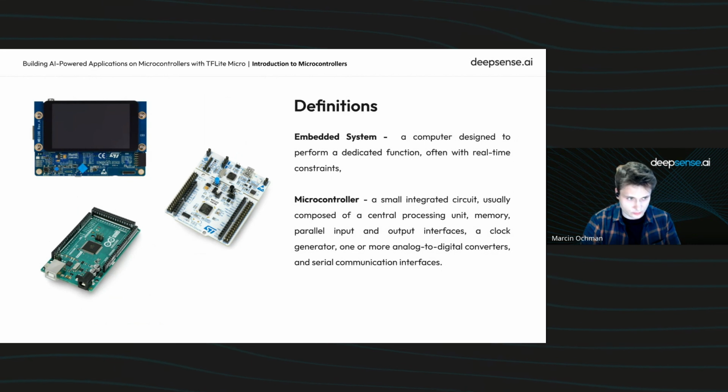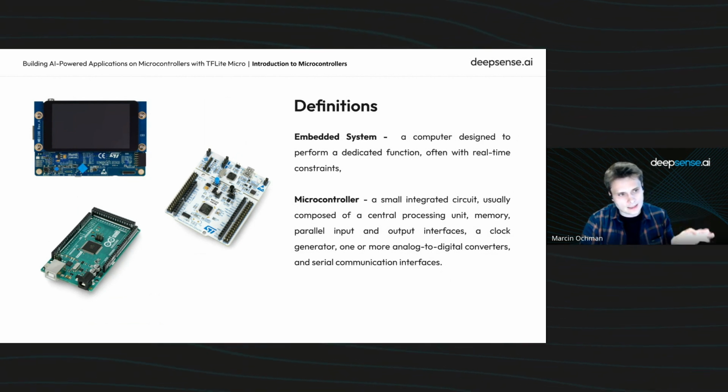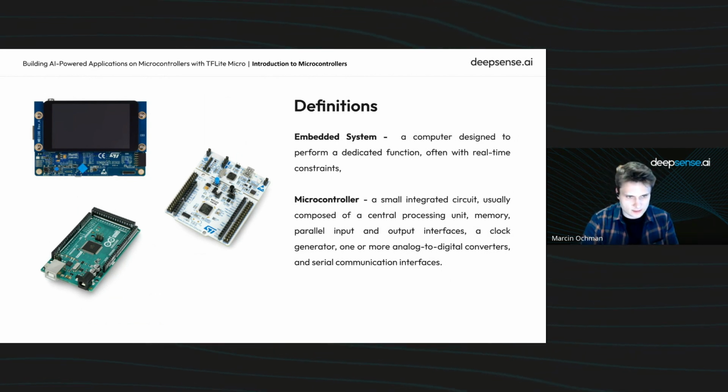A microcontroller is a small integrated circuit that includes a CPU, memory, input-output interfaces, and often analog to digital converters and digital to analog converters. And these devices are typically used in embedded systems, which are computers designed to perform specific, often real-time tasks.